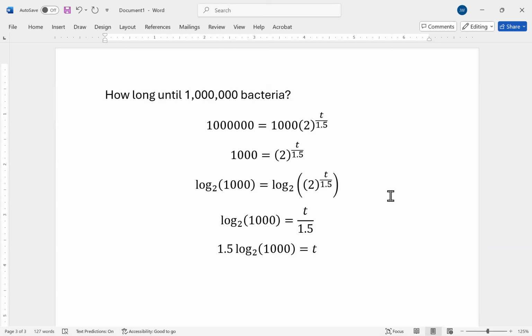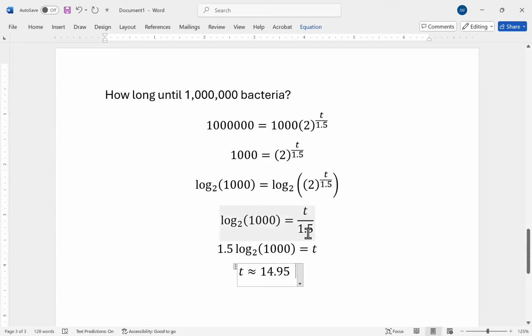Now that's the exact value of how long it will take to hit a million bacteria. But if I want, I can get an approximation by typing this into my calculator directly, if my calculator has this property, or by doing a change of base, like natural log of 1,000 divided by natural log of 2, and then times 1.5. Either way, we can solve. I end up with about 14.95.